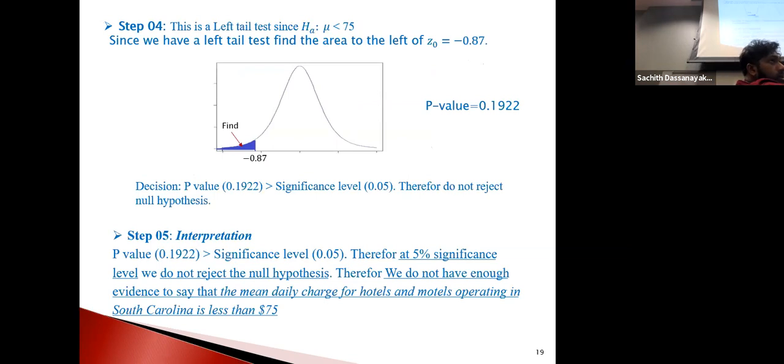If it is a 2 tail test, 2 times delta. Remember that. If it is left tail, p-value equals delta. If it is a right tail test, p-value equals 1 minus delta. Then you can compare these 2 probability values, the p-value and alpha, the significance level. Based on that, you take your decision: either reject H naught or do not reject. Clear? So this is the process, no more, no less.